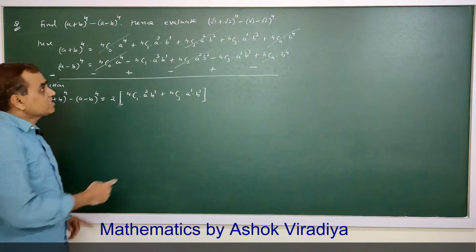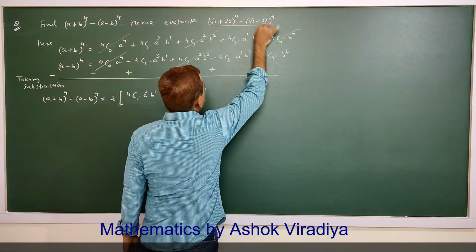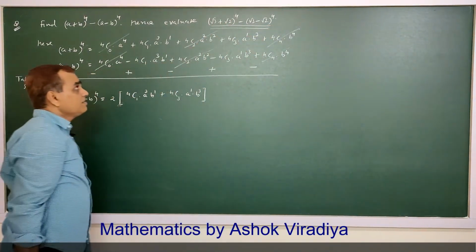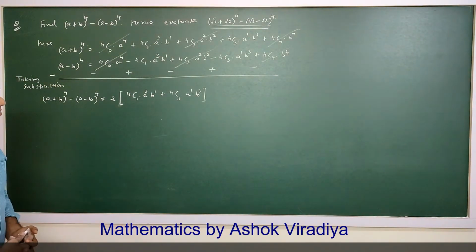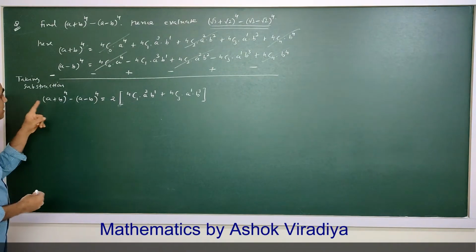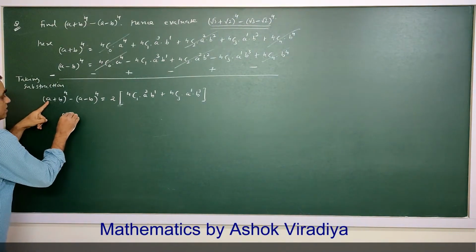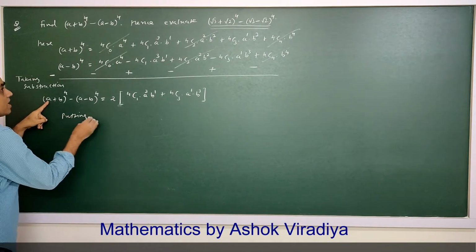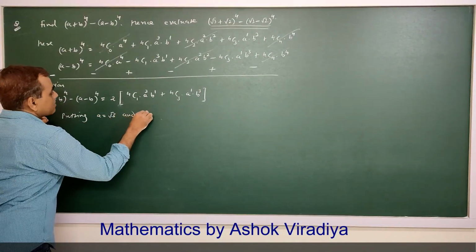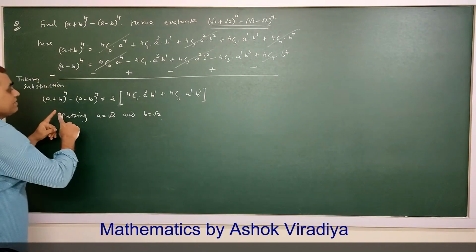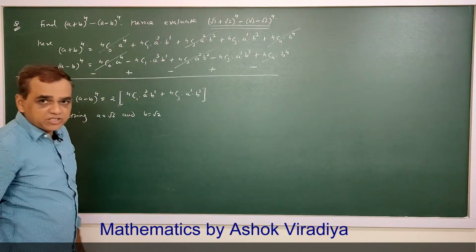Now, using this, the second part of the question: we want to evaluate this expression. So look here, if in this expression we put a equal to root 3 and b equal to root 2, then we will get the value of the required expression.